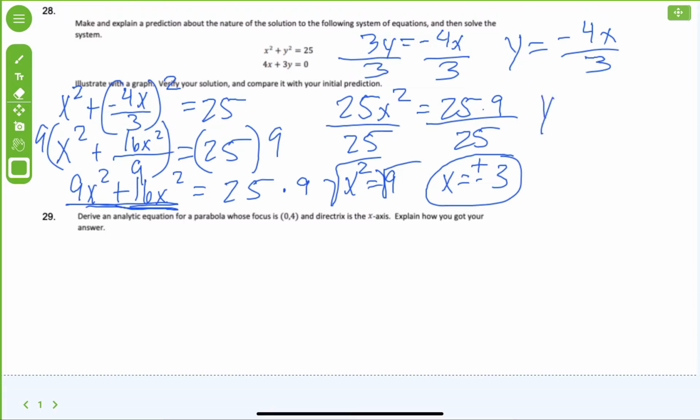So y is equal to negative 4 times, we'll do the positive 3 first, and then y is equal to negative 4 times negative 3, over 3.